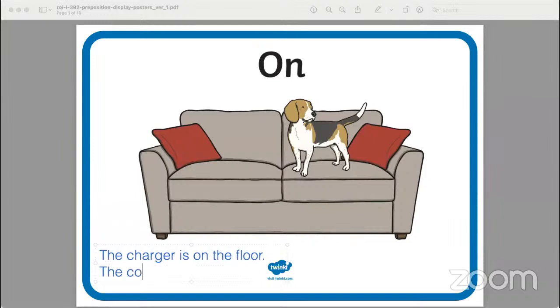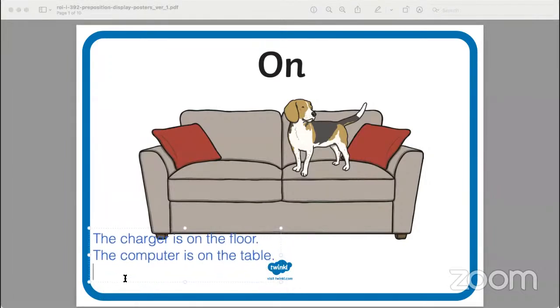The cat is on the sofa. Did you say cat or cap? Cap. Oh, cap. Sorry. Okay. Well done. The pencil is on the desk.